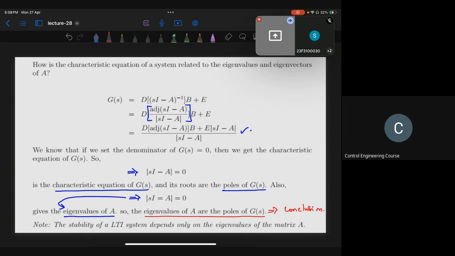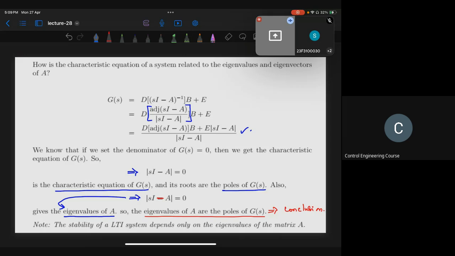Directly, given system matrix A, if you find the eigenvalues by using the determinant of sI minus A, that is called the characteristic equation. The eigenvalues are also called the poles of the transfer function G of s. So directly we can decide the stability by using the eigenvalues of the A matrix. Is this clear?